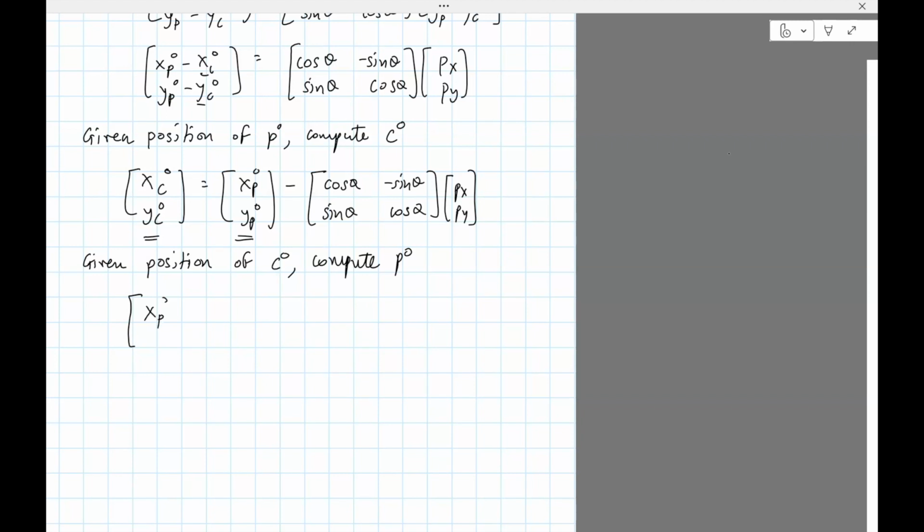So xp0, yp0 from the previous expression is xc0, yc0 plus cosine theta minus sine theta, sine theta cosine theta, times Px, Py.